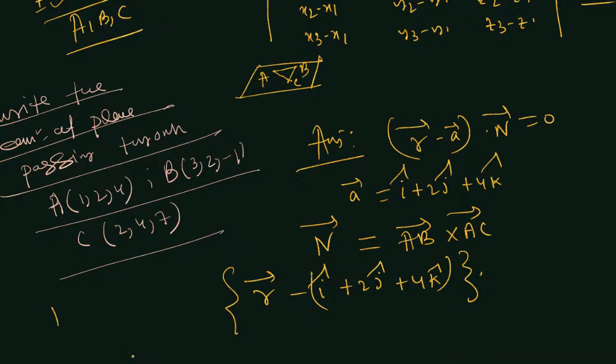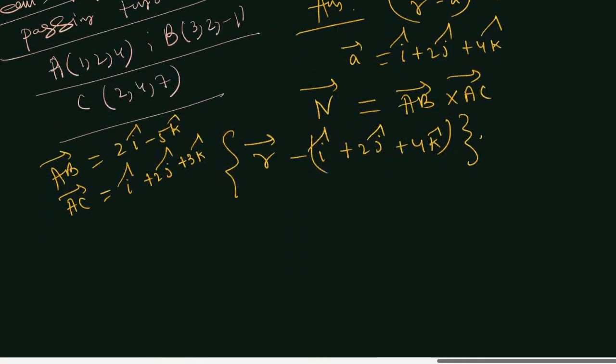You write the AB vector: 2i minus 5k. AC vector is what? You know how to find? i plus 2j plus 3k.